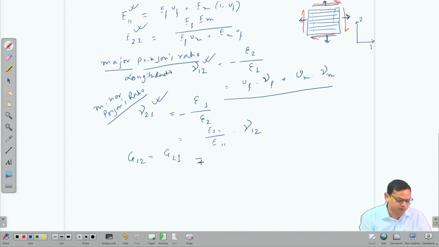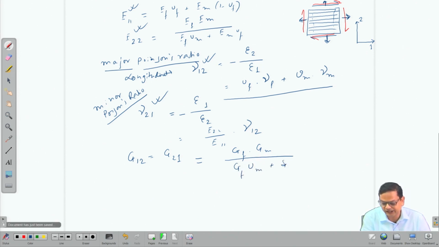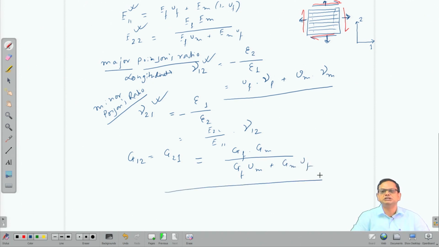and that you can find from the equation which says G 1 2. So, it is actually the G of fiber multiplied by G of matrix over G F V M plus G M multiplied by V F. So, you can also get the value of shear modulus from these equations.